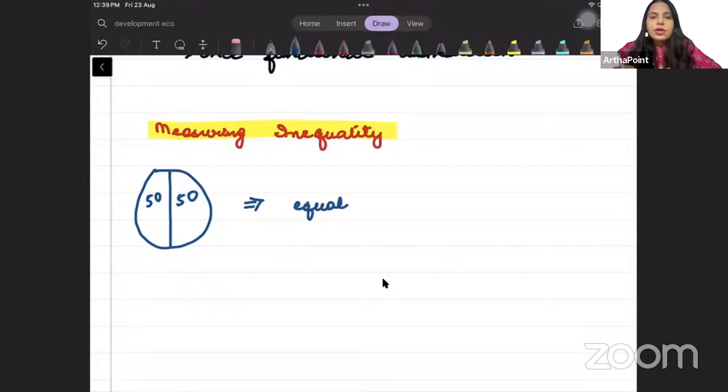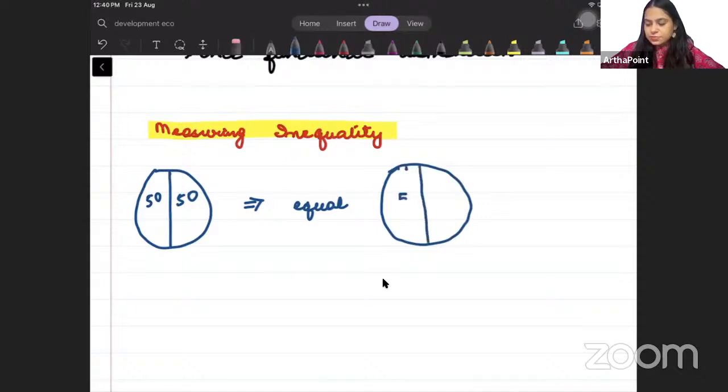Now, with this equal distribution in mind, I can also compare the intermediate unequal distributions. Just for example, in the same cake, this is 50-50.